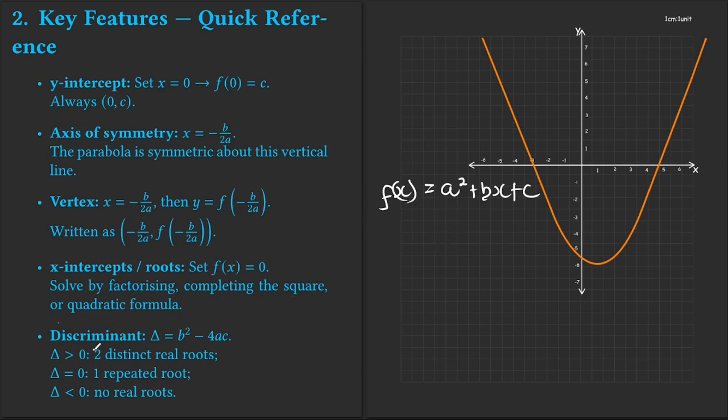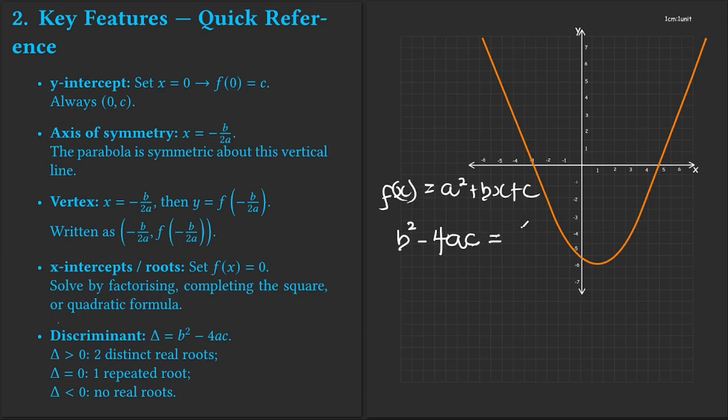So to get the discriminant, we use the b. Whatever value you have for the b, you take it and then you square it. Then minus 4. This 4 here is a constant. Then a, the value you have for a, and whatever value you have for the c, you also take that and put it here.